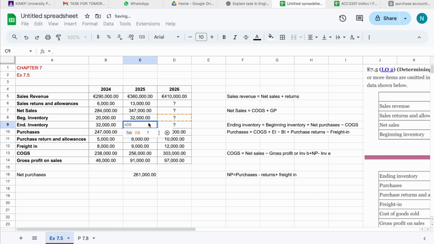After we find net purchases, we can sum beginning inventory and net purchases and subtract the cost of goods sold. Ending inventory of the year 2025 is the beginning inventory of the year 2026.